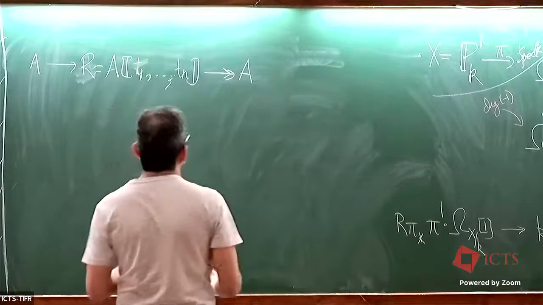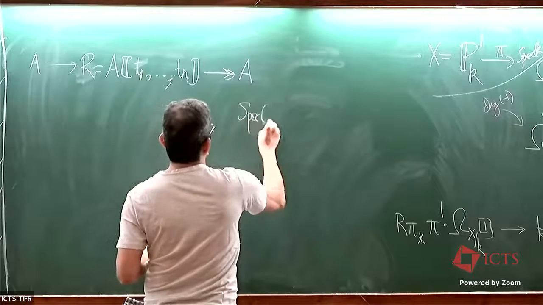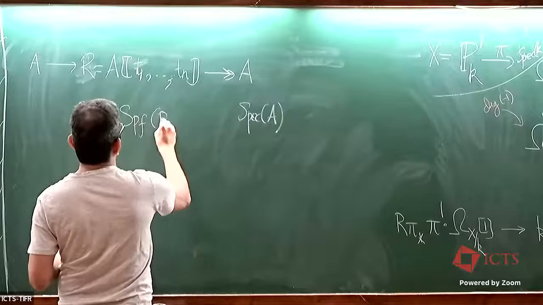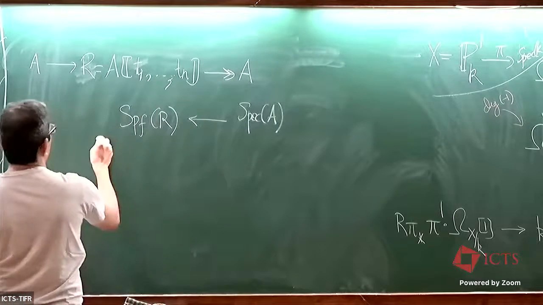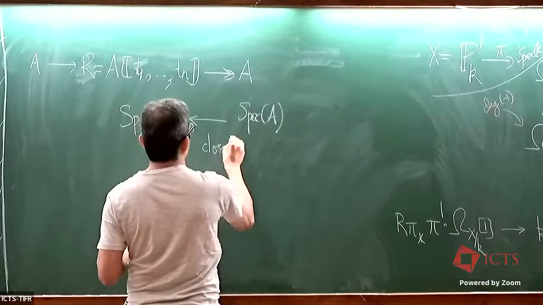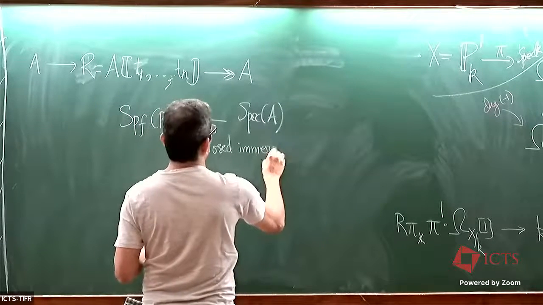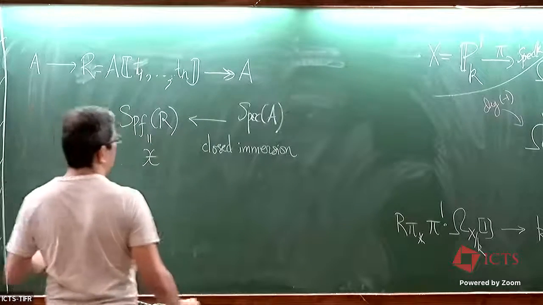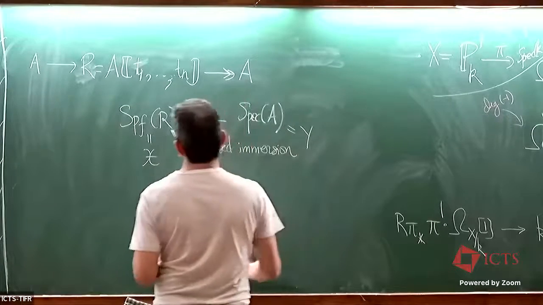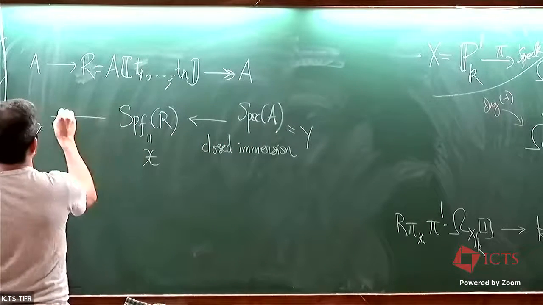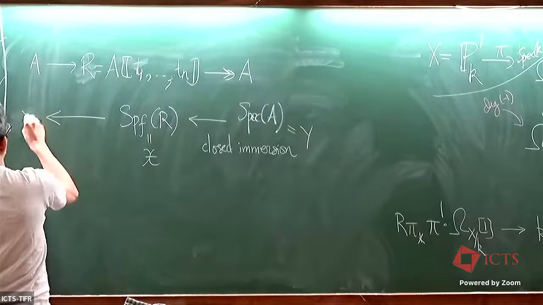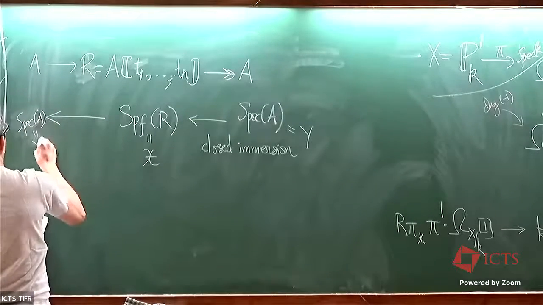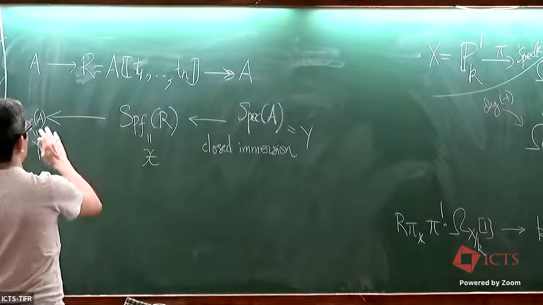Then as a map of schemes, this is spec A. This will be what is called the formal spectrum of R. I have a map here. This will be a closed immersion because it's given by vanishing of an ideal. Let's call this X, let's call this Y. And I have again Y, spec A. And this will turn out to be proper in the sense of formal schemes.